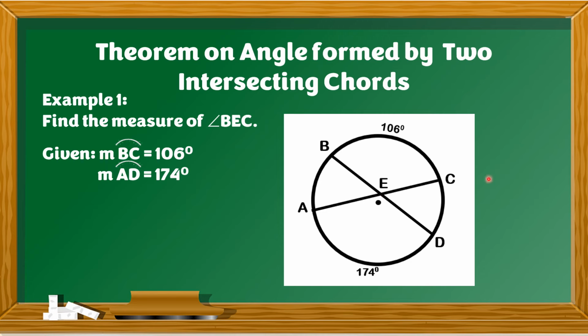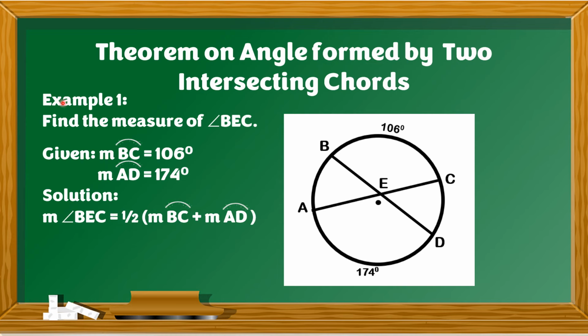By applying now the theorem, the measure of angle BEC is equal to 1/2 times the measure of arc BC plus the measure of arc AD. Next step is we're going to substitute the measures of the given arcs. So we have the measure of angle BEC is equal to 1/2 times 106 degrees plus 174 degrees.